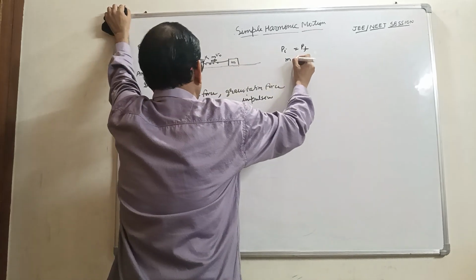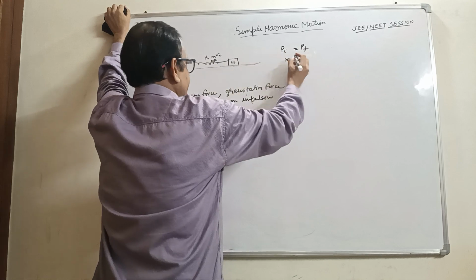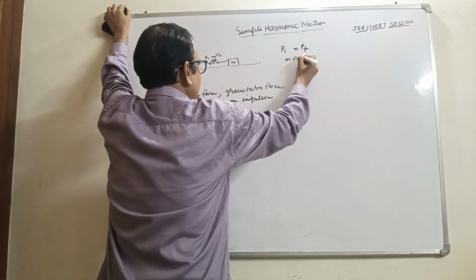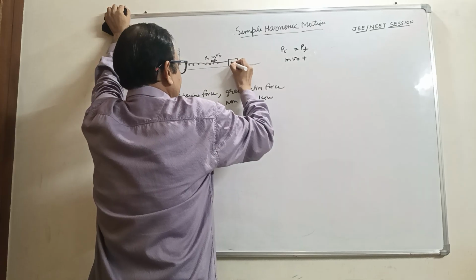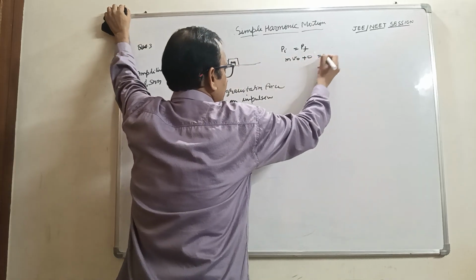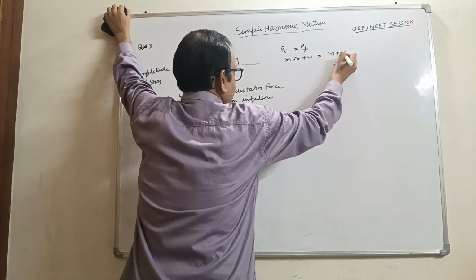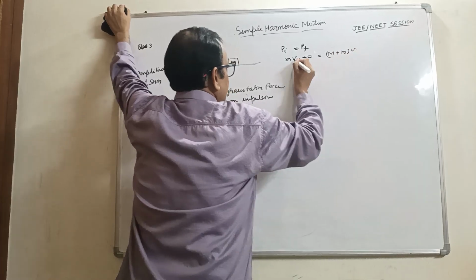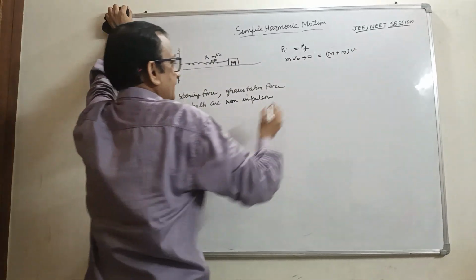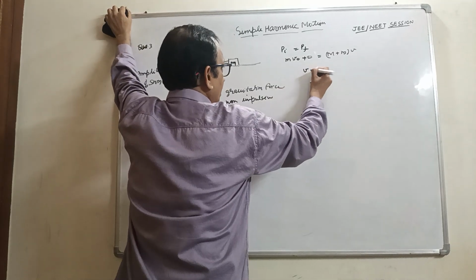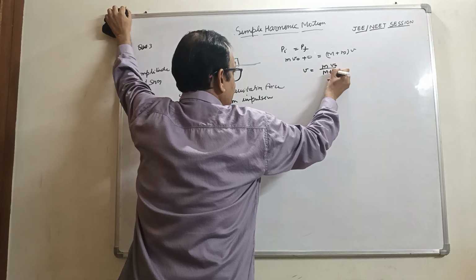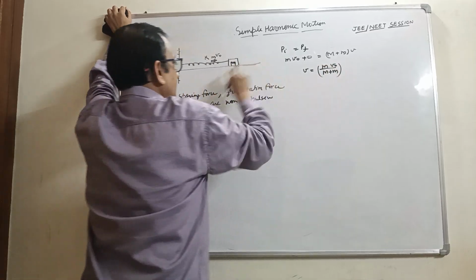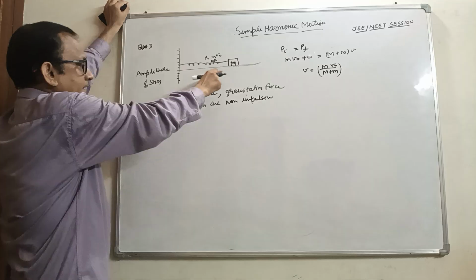The mass of the bullet is m with velocity v naught, and the mass of the block is capital M. So this becomes 0, and finally (M plus m) times V. This is the mass of the bullet, and so finally we get mv naught upon (M plus m) as the velocity in this collision.